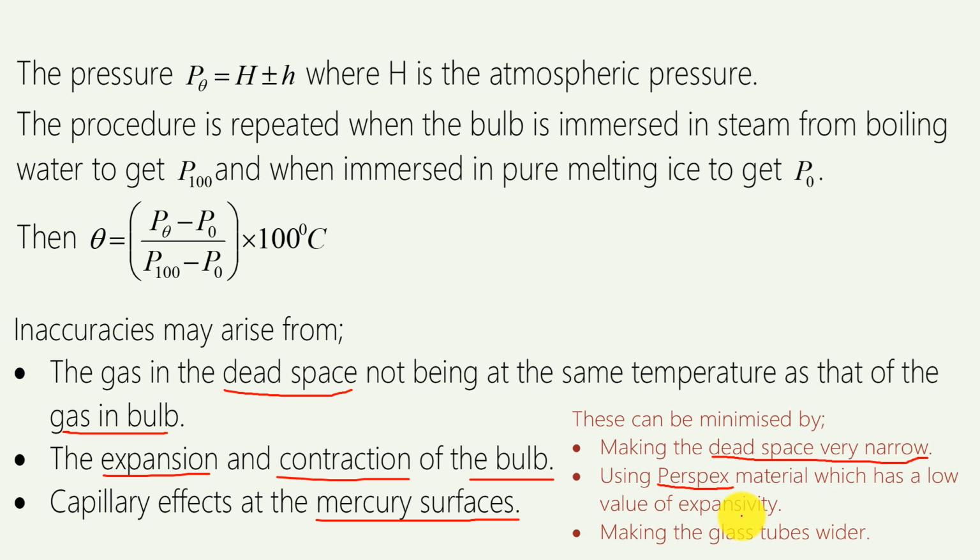And then, you make the glass tubes wider. When you make them wider, you minimize the capillary depression. So I tried to arrange these corrections according to the sources of errors.